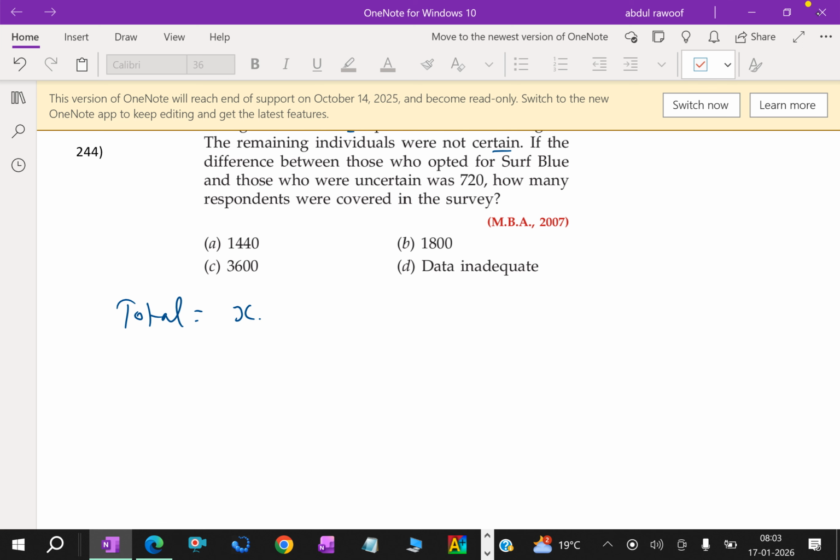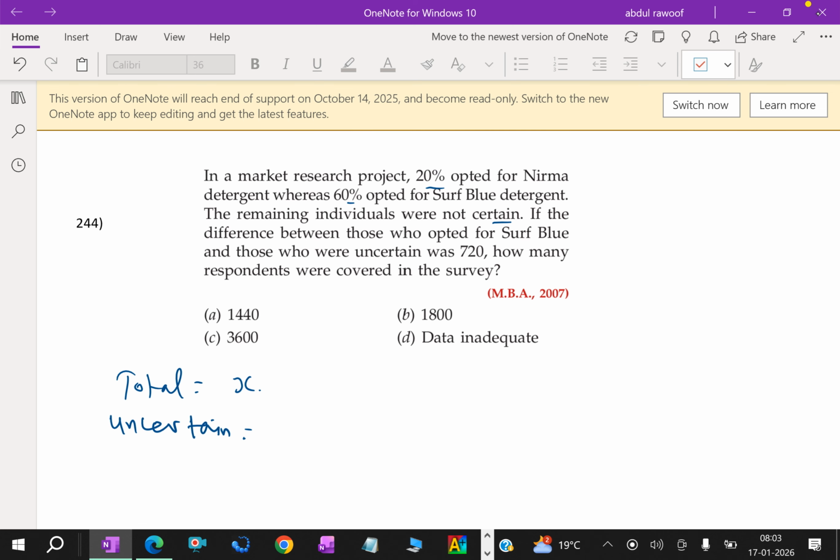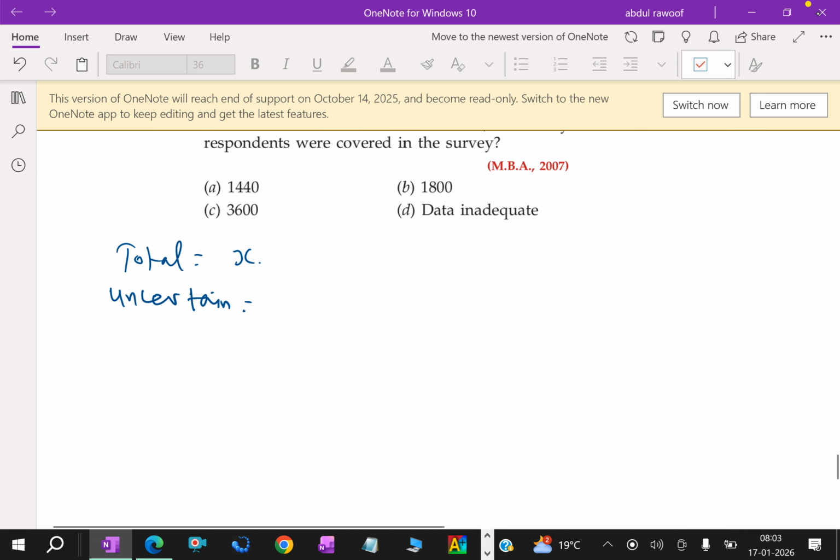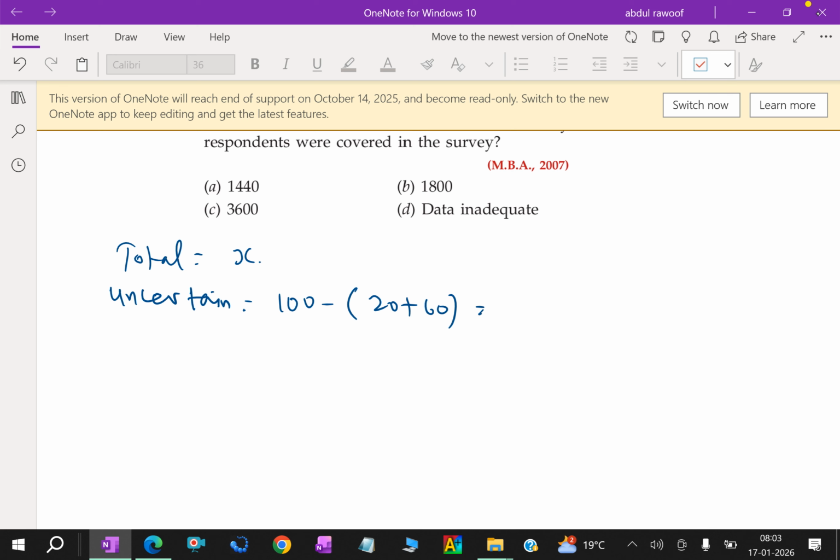Then uncertain means they are not interested. Here they are saying 20% opted for Nirma and 60% for Surf. Not opted is 100 minus 20 plus 60, equal to 20%.